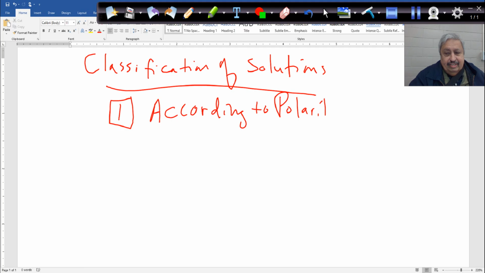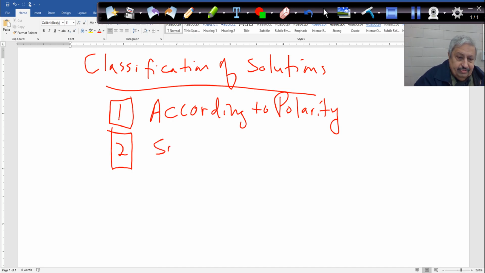As I said, I gave you examples: polar, non-polar solutions. Number two, after polarity, I can look at the surface area, correct? Surface area means particle size, which is really surface area, correct?